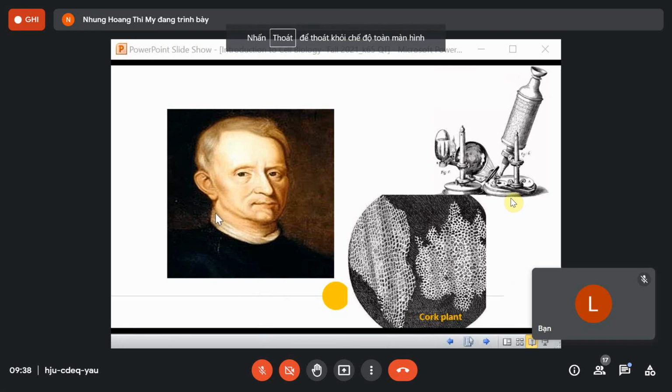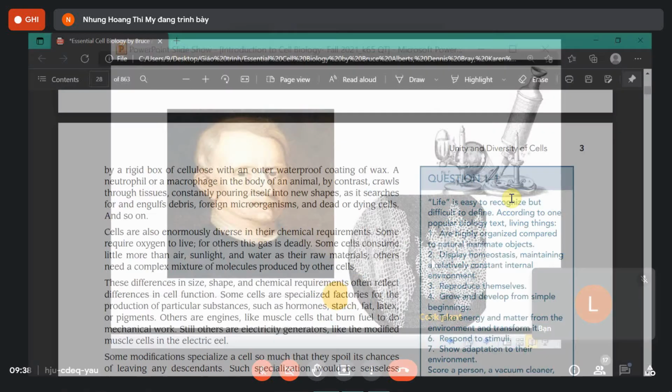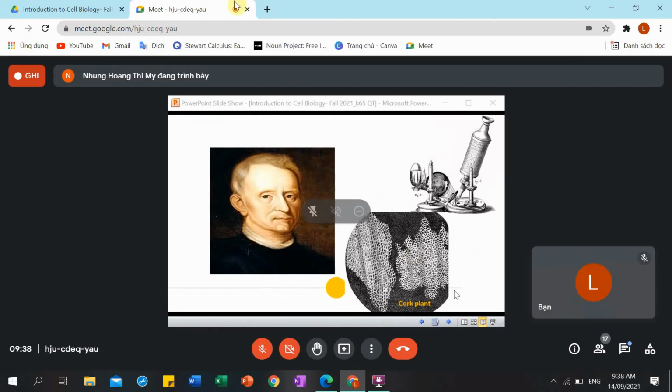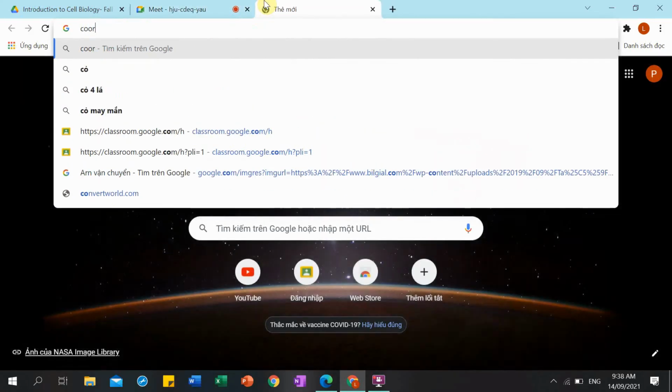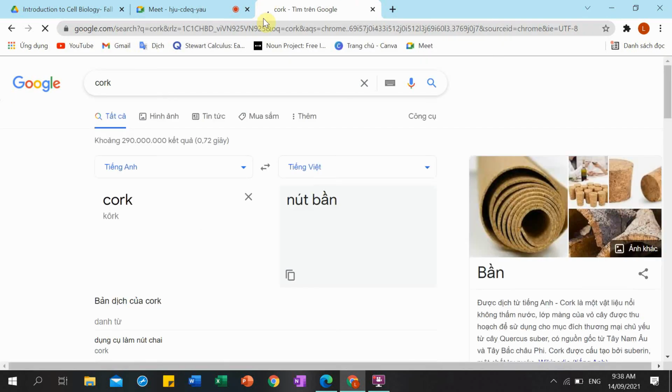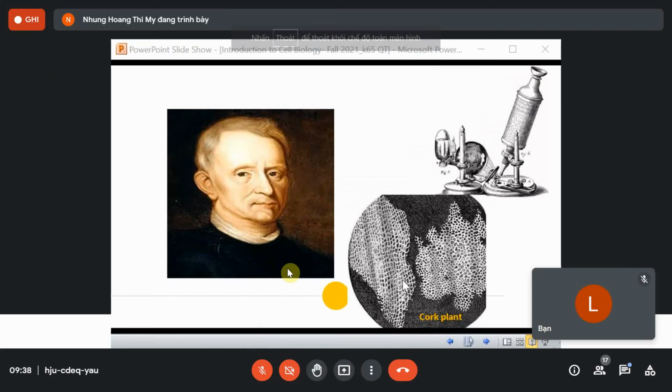So Robert Hooke made a thin slice of cork, and when he looked through the microscope, he found something like small rooms in the slice, as you already described.